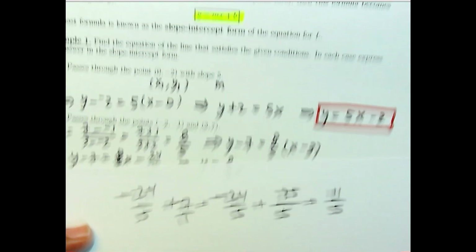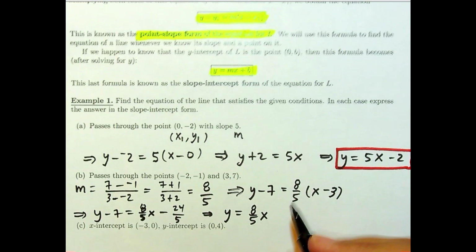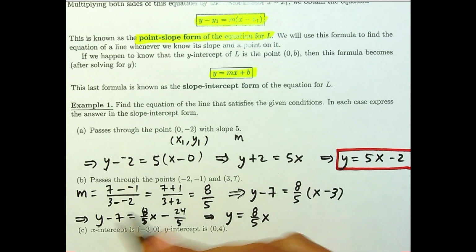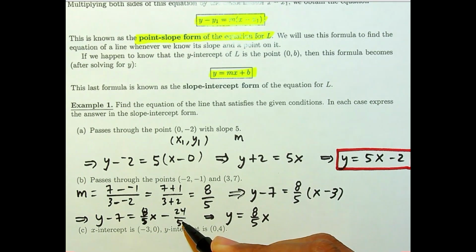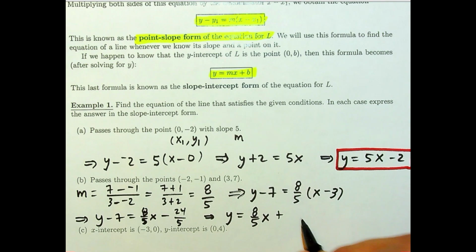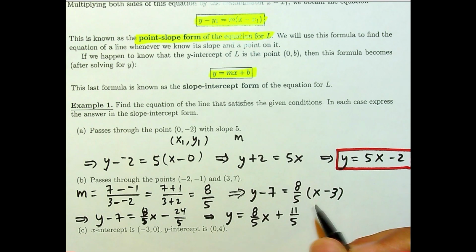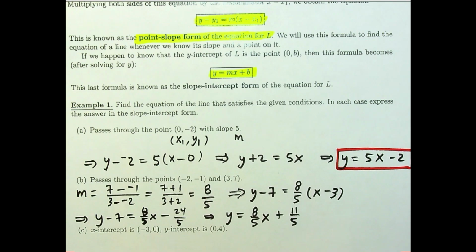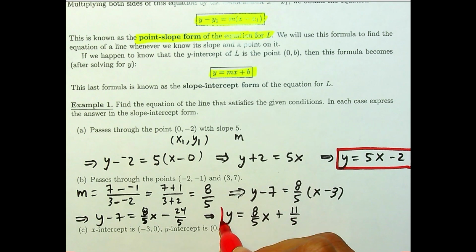Okay, 11/5. So that means this thing over here, when you move the 7 and combine with that, you get 11/5. And that's the answer for problem B.